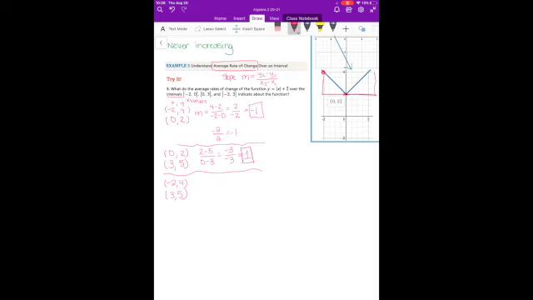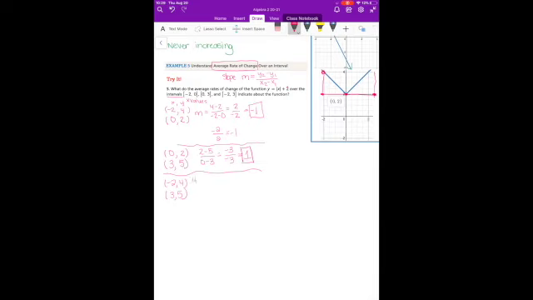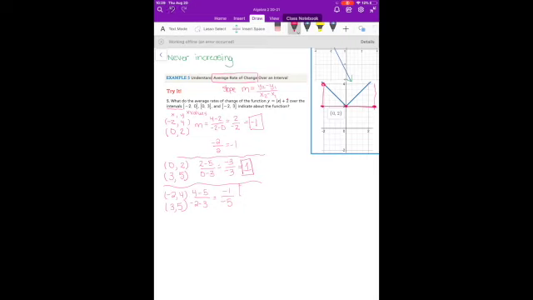Let's look here though. This one gets a little tricky because it was going downhill and then it starts going uphill. That's no fun. So what does that mean? Let's do 4 minus 5 over negative 2 minus 3. Is negative 1 over negative 5, which is positive 1/5. What the heck?